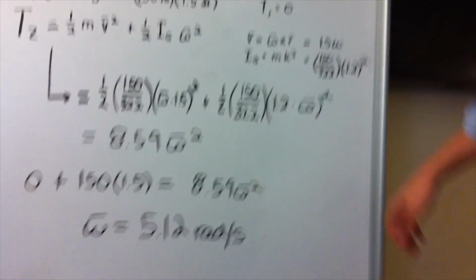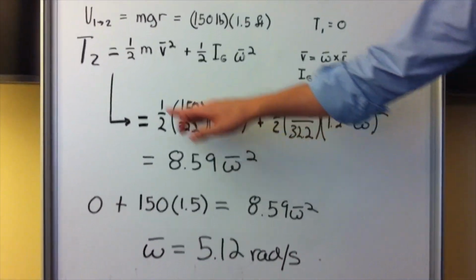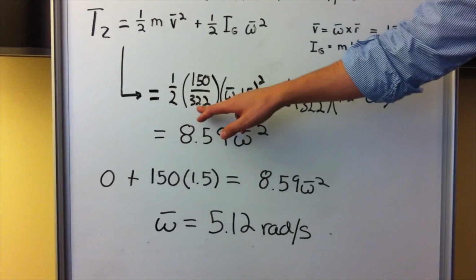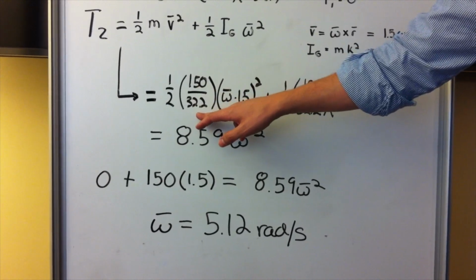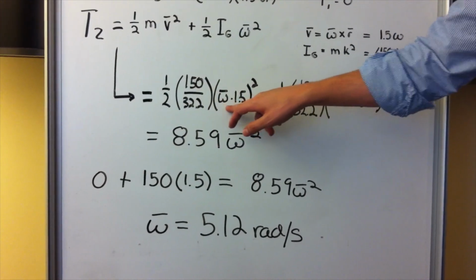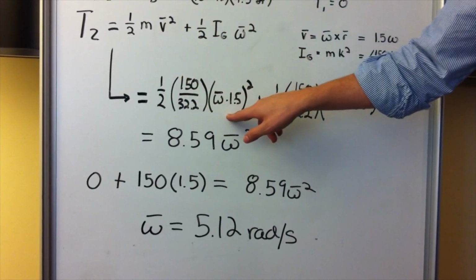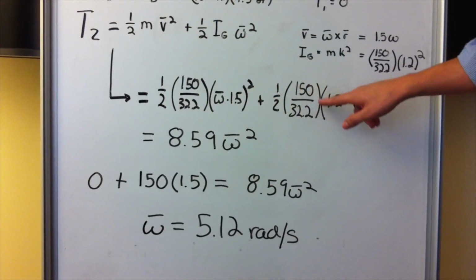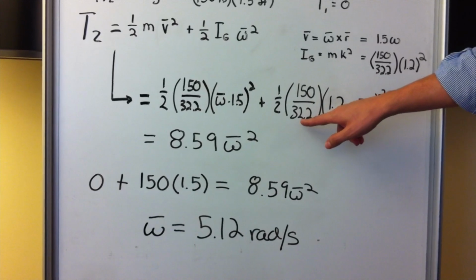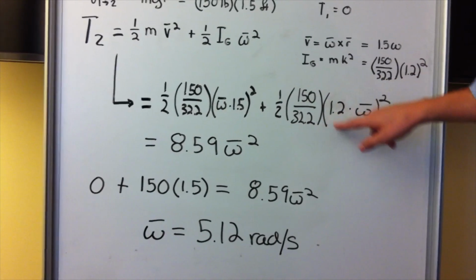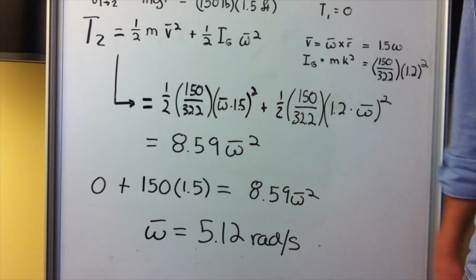Putting all that information into our equation for T2, we're going to find 1/2 times 150 divided by 32.2, with this right here plugged in for our V, plus 1/2 times 150 divided by 32.2 times 1.2 omega, all of this squared.